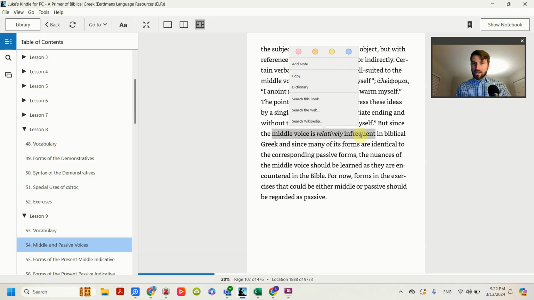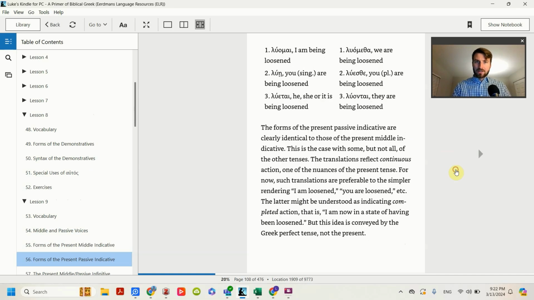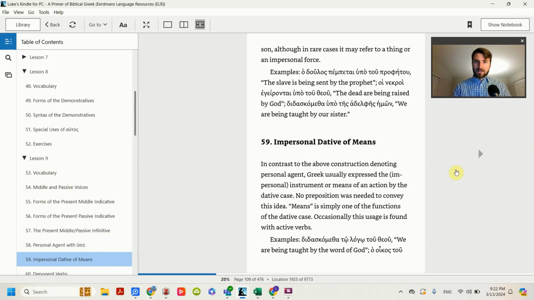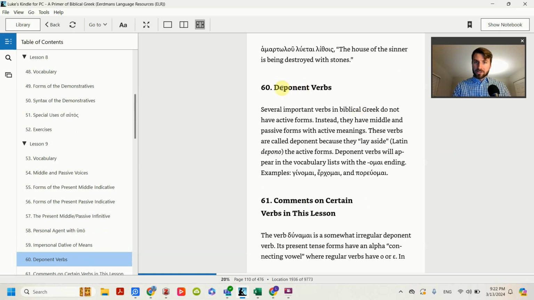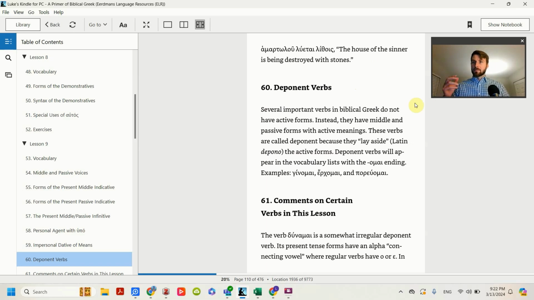It is quite frequent in what Croy here is calling the deponent. So how Croy is defining deponent is verbs that have a passive form, but they're active in meaning.